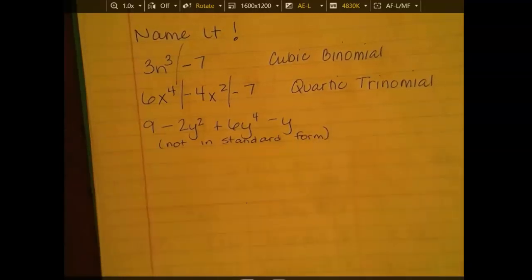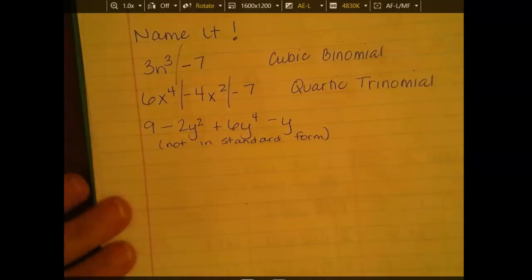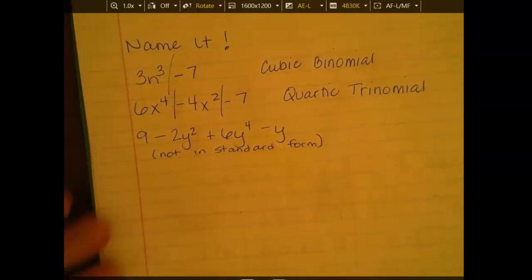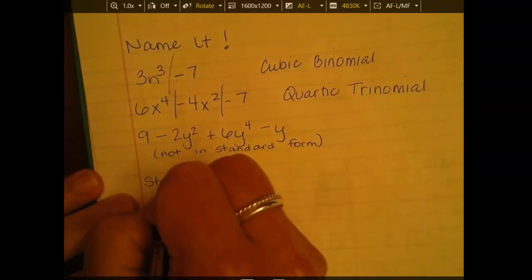Standard form means it starts with the highest exponent of the variable and counts down until the very last thing is the constant if it's there, right? Let's write this standard form just so you have it.